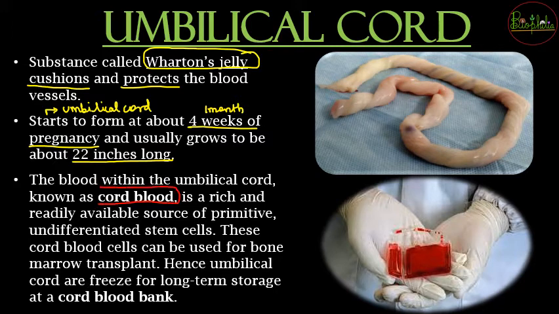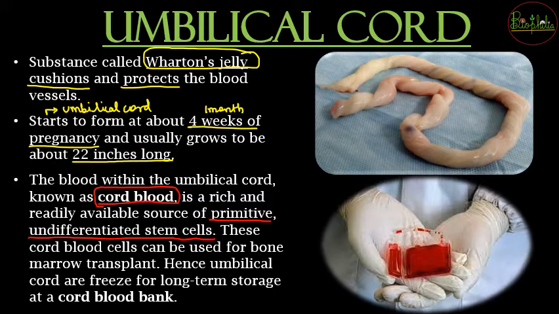Since it is flowing in the cord, it is called cord blood, and this cord blood is going to be a rich and readily available source of primitive undifferentiated stem cells. Since it is formed where the fetus is forming, it is the fetal side of the extension of the placenta.